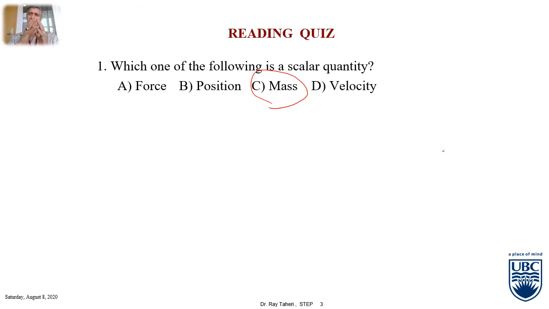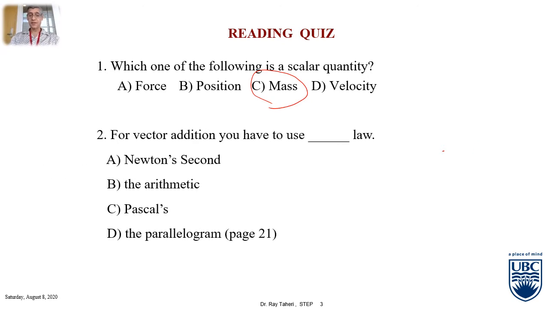But in physics, weight is a vector, and you will say the weight of this object is this much, and then you have to define the direction as well. We will talk about it in a little more detail later on.